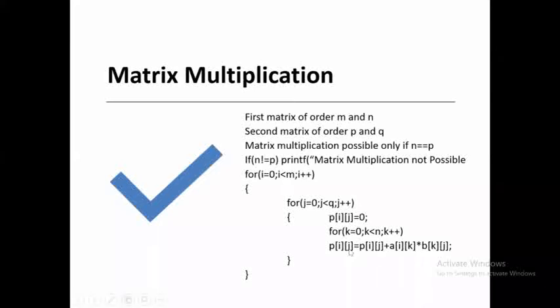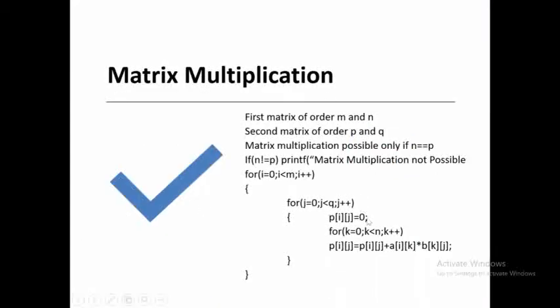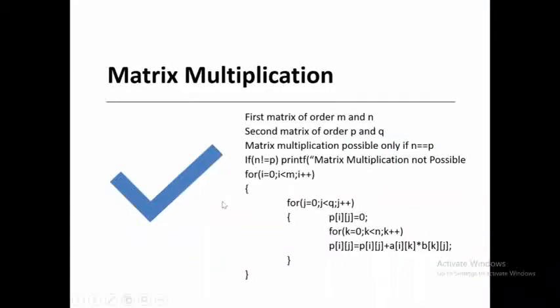Okay, P of 0, 0 is assigned by, first I initialize the value to 0. Now P of 0, 0 is equal to 0 plus A of ik. Okay, what is the i value? 0, and the k value is 0. A of 0, 0 value is 1, 1 into B of kj. Okay, B of kj.